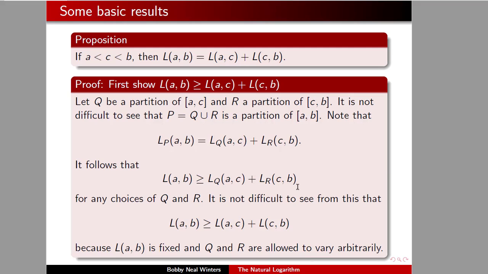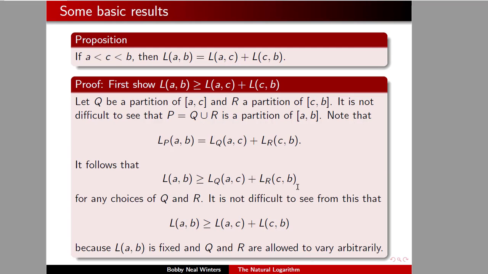Say that if A is less than C is less than B, then L of AB is equal to L of AC plus L of CB. Otherwise this is not actually surprising, right? Because what we're doing is just breaking up the area under the curve into two pieces. We're just going through the process of showing that our way of capturing that does preserve that intuitive property.